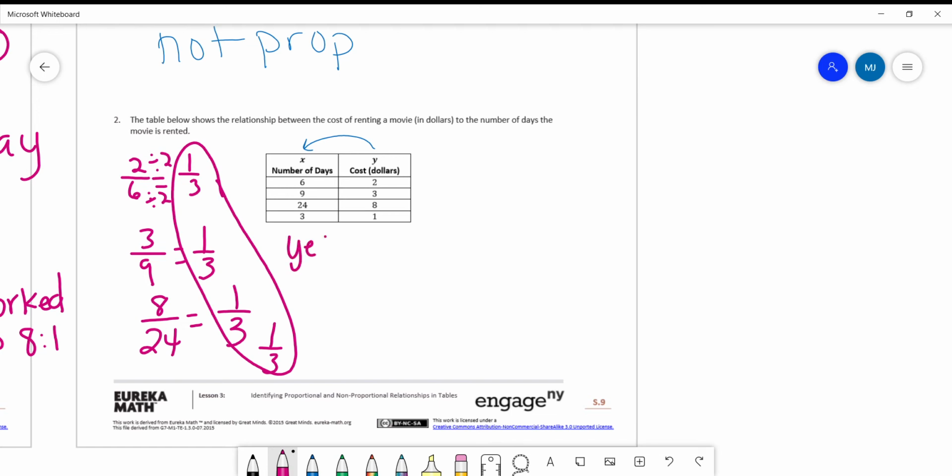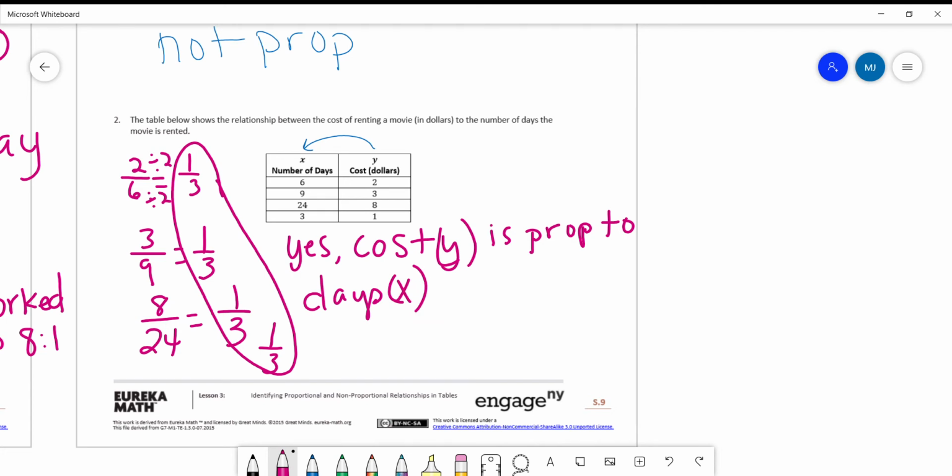So yes, cost, which is y, is proportional to days, which is x.